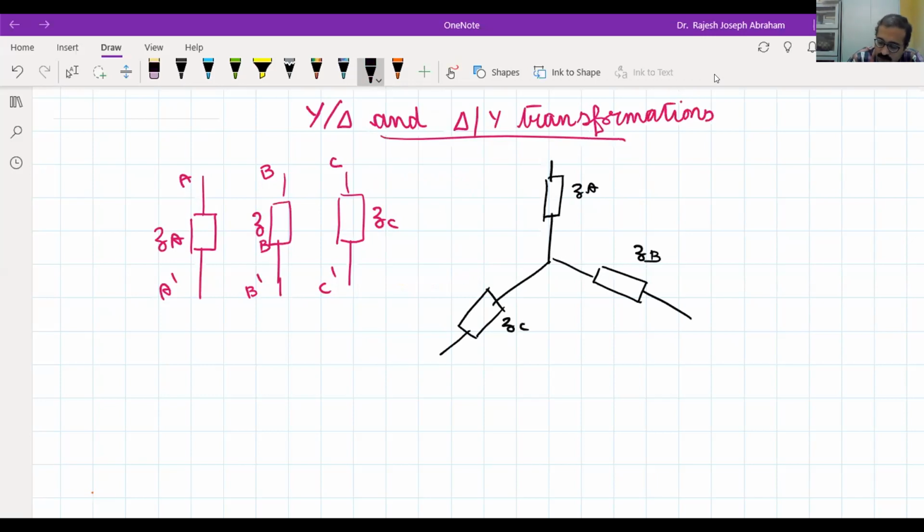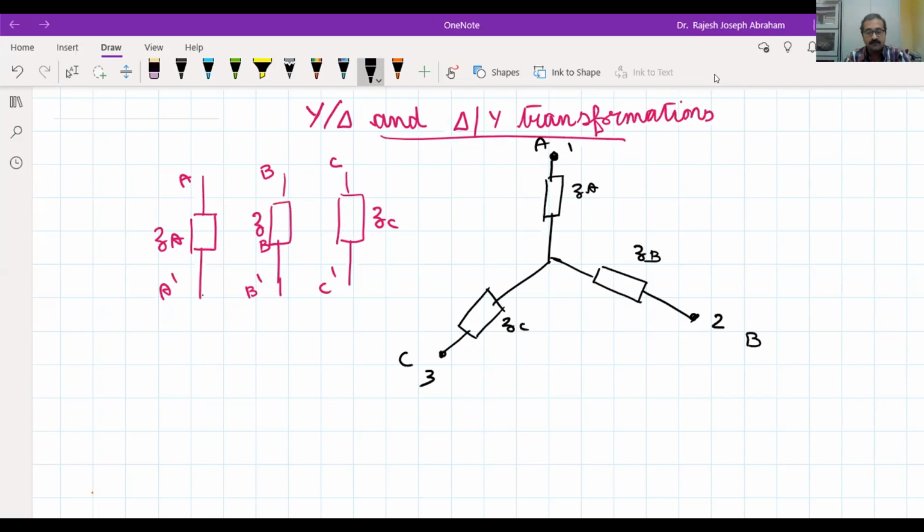So this is point 1, because we know impedances are bilateral elements, right? That means the properties remain the same. So whether this is at AB or BA, it is one and the same. It's not going to differ. Similarly, this is point 2 and this is point 3, or I call this point A because I have connected points A dash, B dash, and C dash together. So this is point A, this is point B, and this is point C. So this is what is called a star connection.